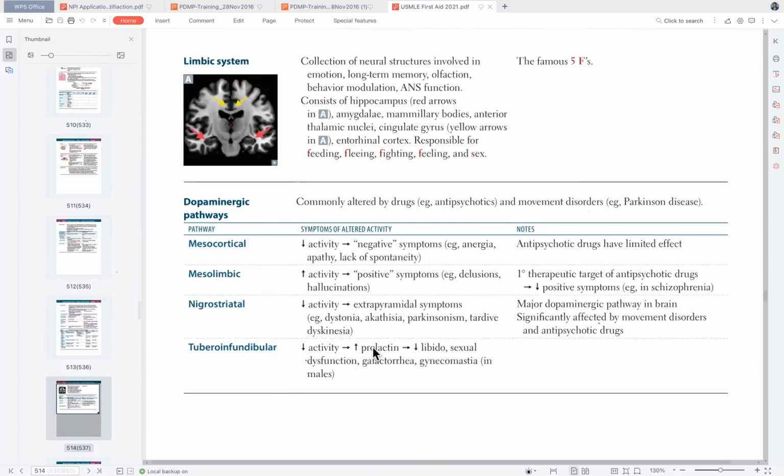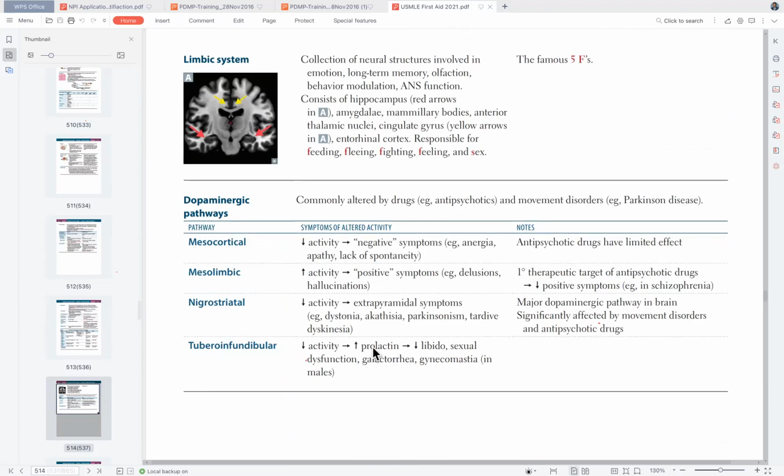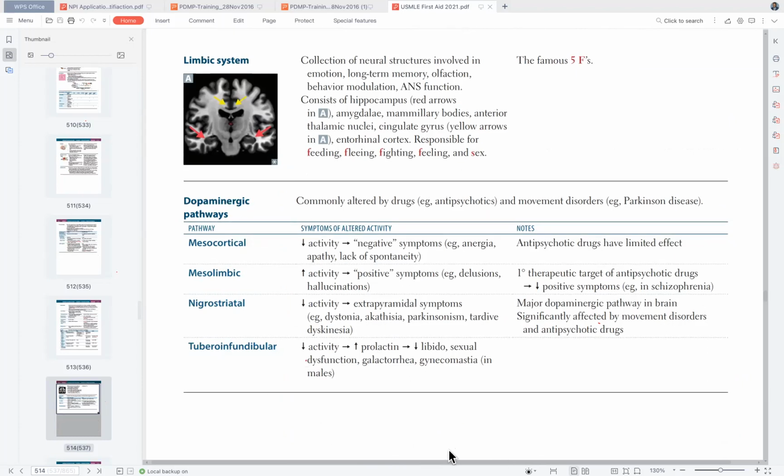So the limbic system, as we know, is responsible for control of all these 5 F's, right? Feeding, fleeing, fighting, sex, and feeling.